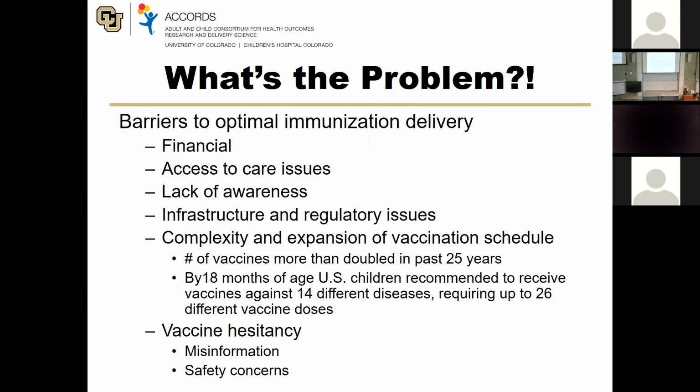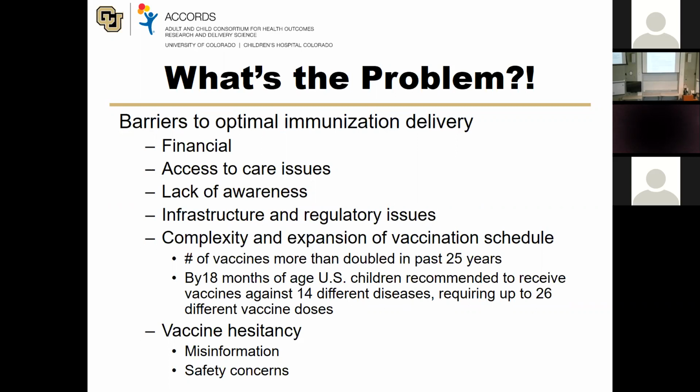And here's just a list of some of the issues that have been found to be very important in terms of this problem. And the vaccine hesitancy issues, which you're probably hearing more and more about, are the reason for some of the increases in measles and mumps outbreaks that we see.